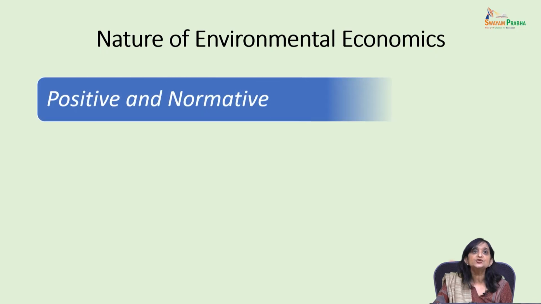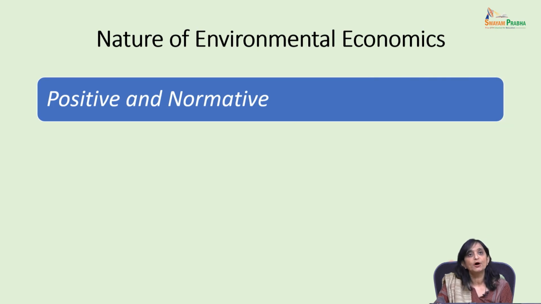Now, after understanding all the approaches coming under the subject matter of environmental economics, let us understand the nature of this subject. The nature of this subject will be fourfold, or we will be understanding the four aspects of environmental economics. One, environmental economics is both positive and normative in nature.